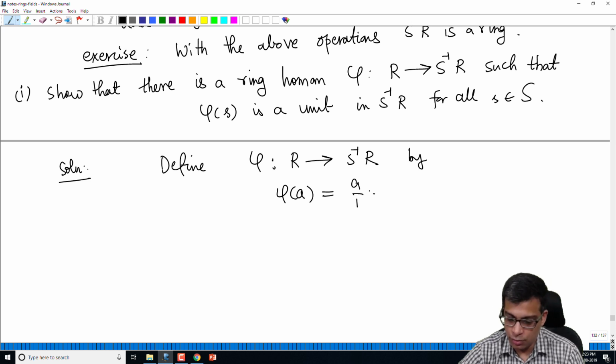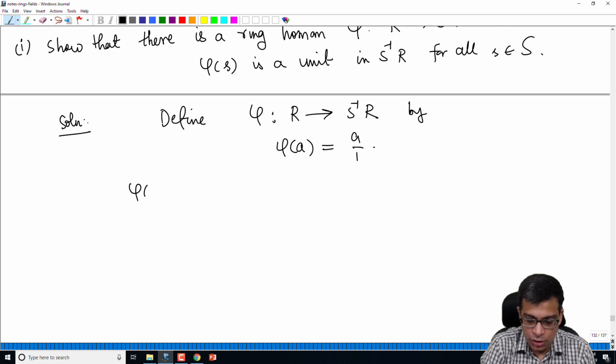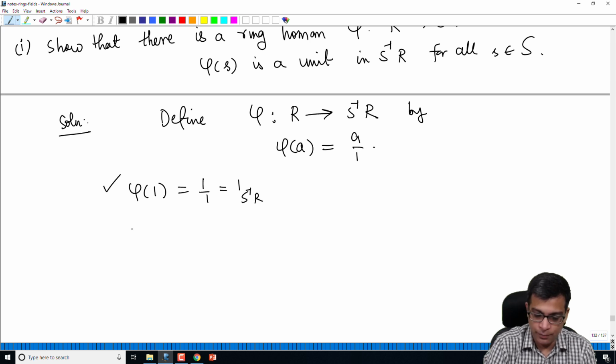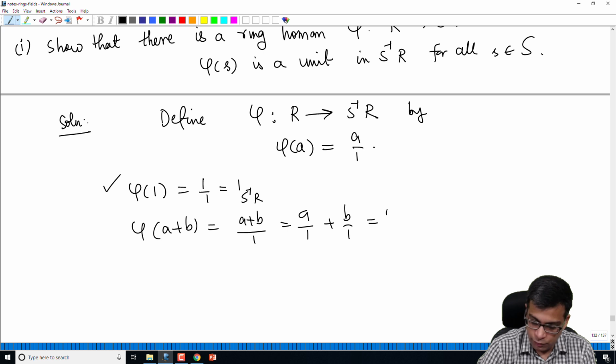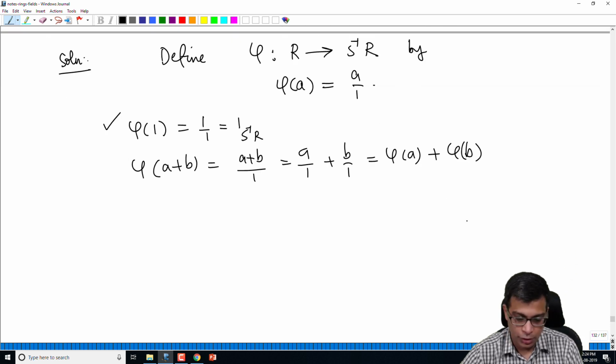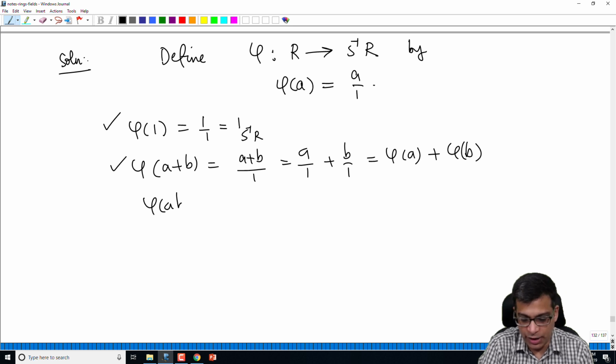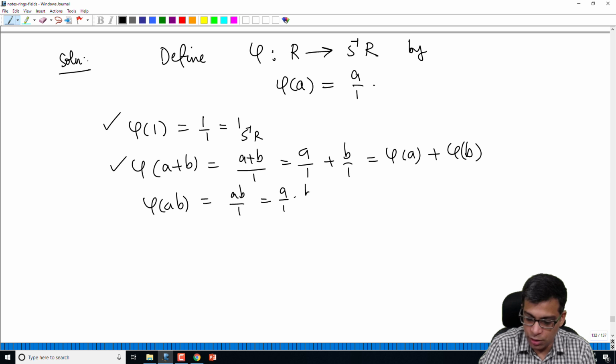So why is it a ring homomorphism? What is phi of 1? This is 1 by 1, which is the 1 in S inverse R. So this is okay. What is phi of A plus B? This is A plus B by 1, which is A by 1 plus B by 1, which is phi of A plus phi of B. What is phi of AB? This is AB by 1, which is A by 1 times B by 1.